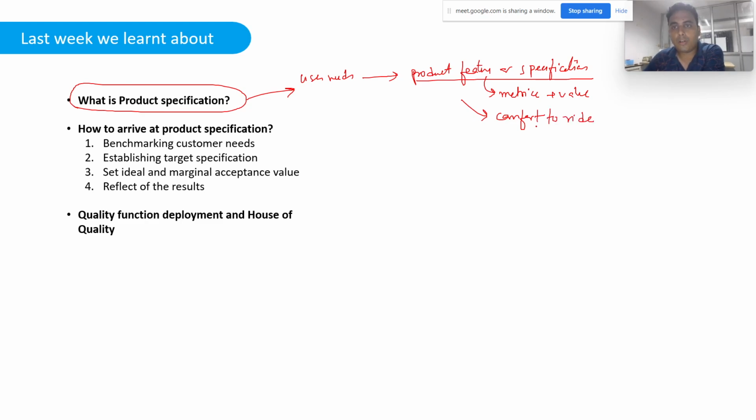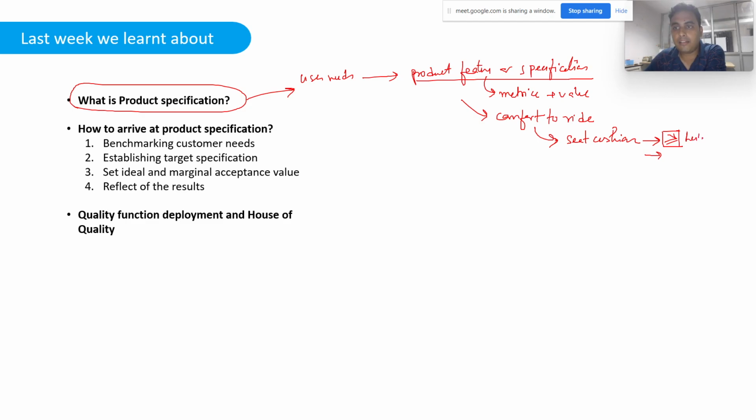One of the specs can be the seat cushion. But seat cushion is again something subjective. Comfortable seat cushioning is subjective, so we need to quantify this. We need to make sure that we arrive at the right metric. For example, it can be the width or the height of the cushion, or the density of the foam.